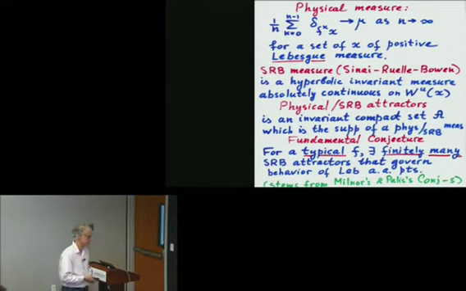It is safe; I think nobody would be able today to disprove it. It says that for typical f, there exist finitely many SRB attractors, these hyperbolic attractors which govern the behavior of many points, and altogether these finitely many SRB attractors govern the behavior of almost all points. So if you take a typical system, then there are only finitely many attractors which support these nice measures and which attract almost all Lebesgue points. Let me call this the fundamental conjecture.